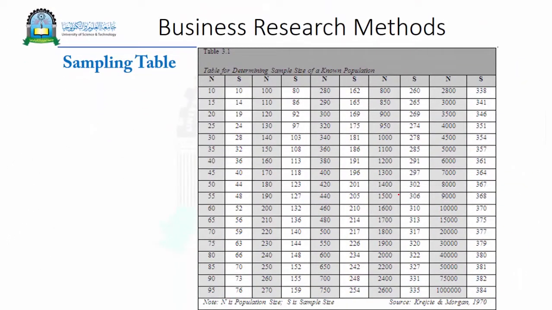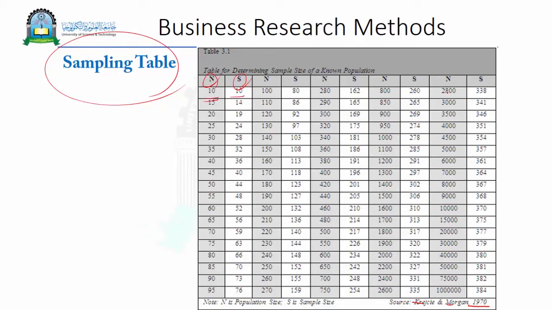And this is what we call the sampling table I have just explained, by Krejcie and Morgan, 1970. They determined, according to some statistical equations, the size of the sample for every population number. N stands for the population, and S stands for the sample size. Starting with a population of 10, the sample is going to be 10.